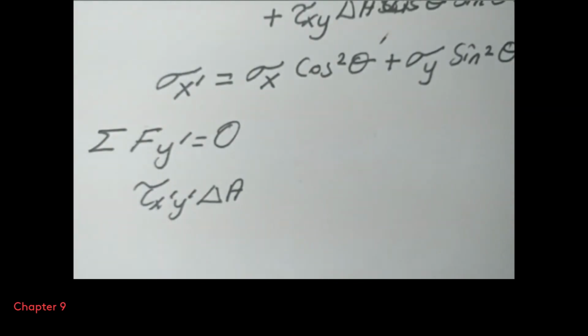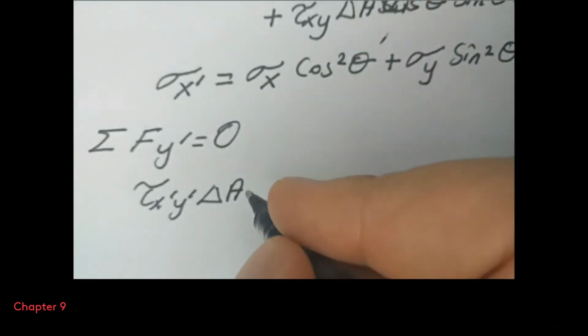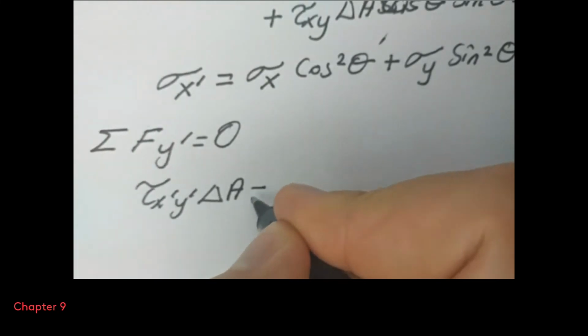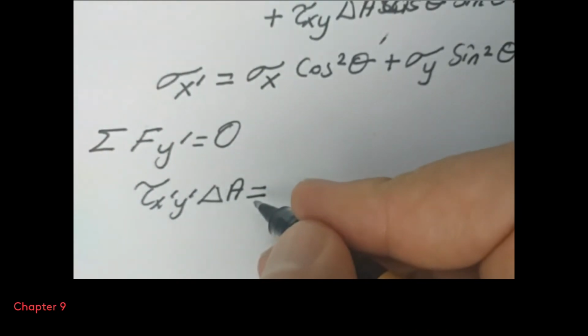Now the situation is rather different. So first we have the tau xy component.